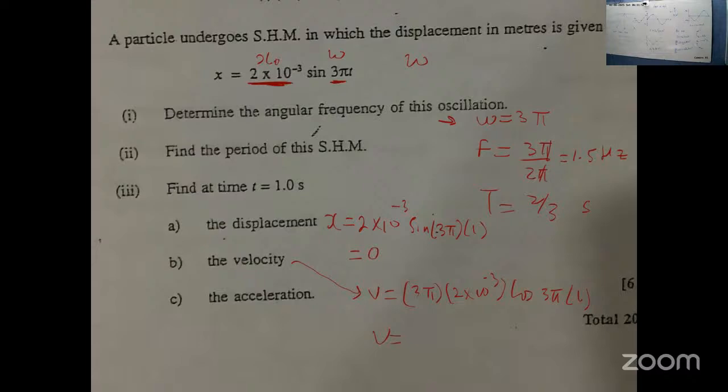Right, so either you can differentiate or use the formula. I get negative 0.019. What is negative what?